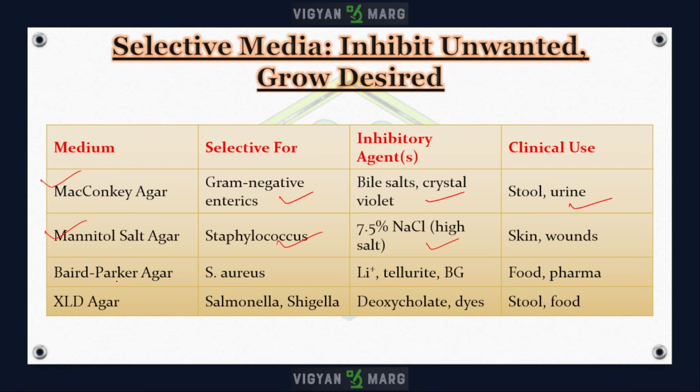Another is Baird Parker agar, which is selective for Staphylococcus aureus, and it contains lithium chloride and tellurite, which work as inhibitory agents in that medium.